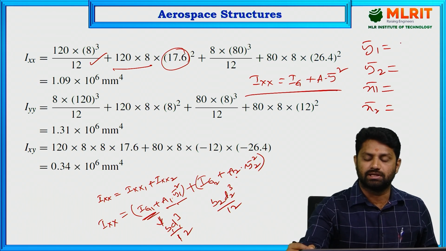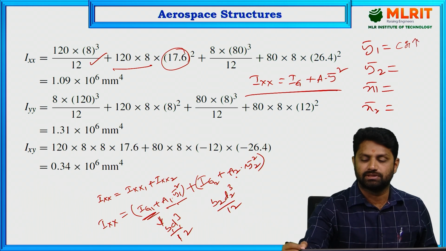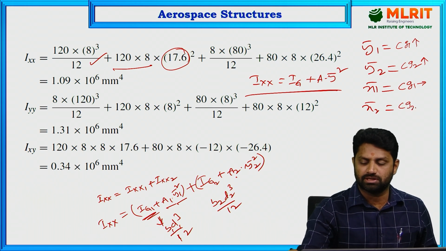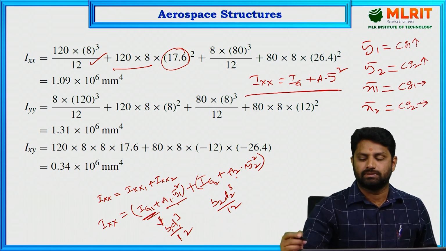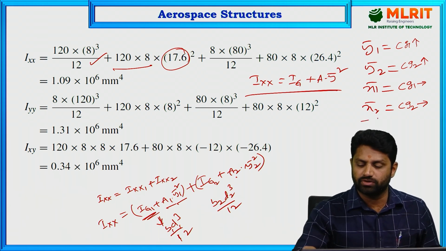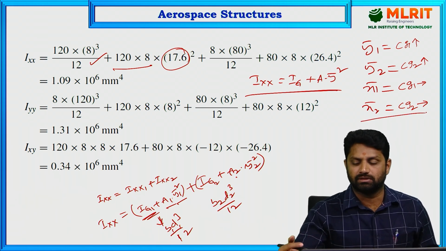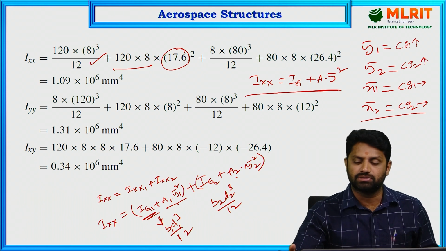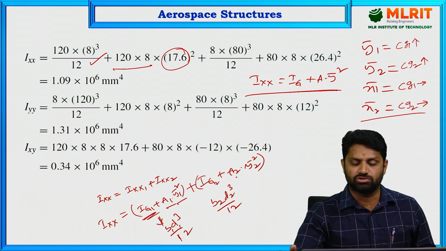So that is CG1, the vertical distance, and y2 bar is again CG2, the distance between C and G2, again a vertical distance, and x1 bar is the horizontal distance between C and G1, and x2 bar is the horizontal distance between the total figure centroid and the second figure centroid. So in this way you can clearly note down the values of y1 bar, y2 bar, x1 bar, x2 bar, and you can substitute.